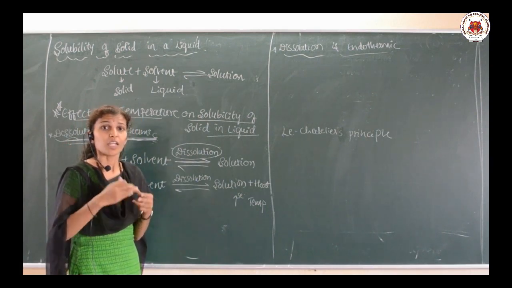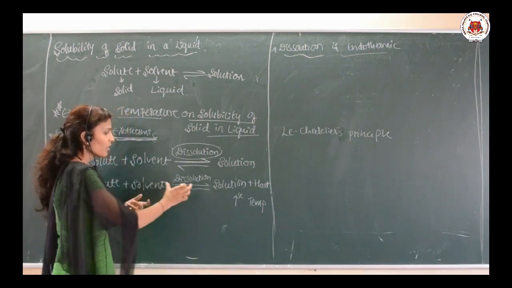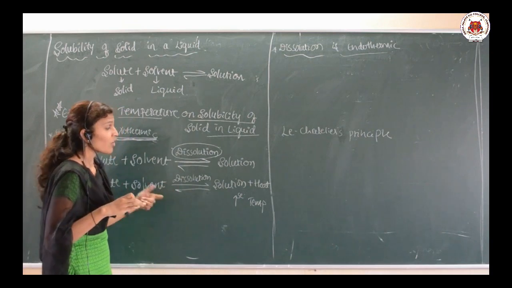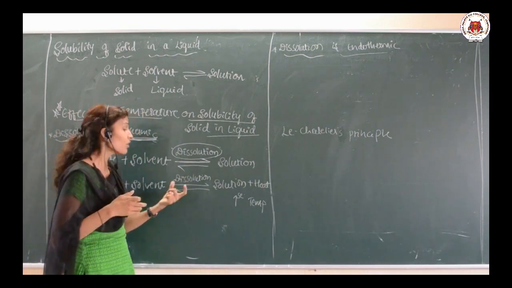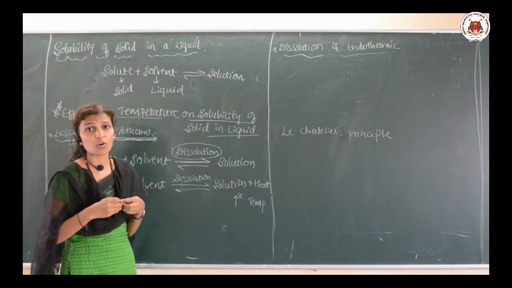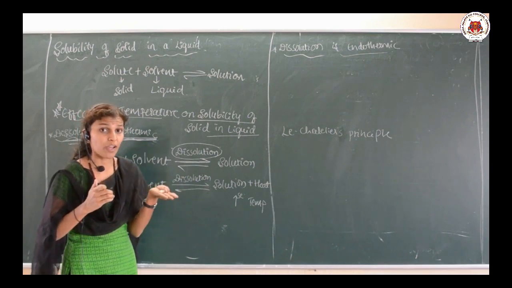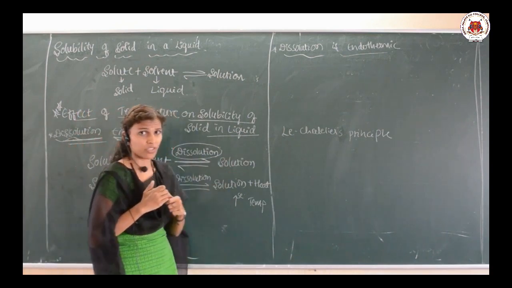What it makes? It wants to nullify the effect. If you change temperature, pressure or any other factors, the equilibrium tries to nullify that effect, which you already know from your first PUC.